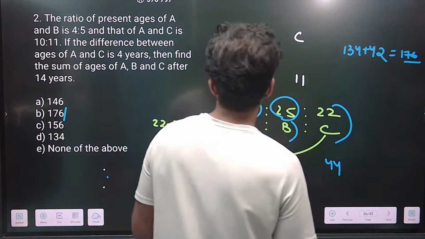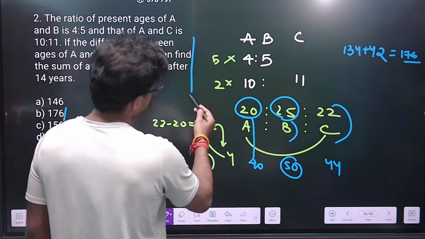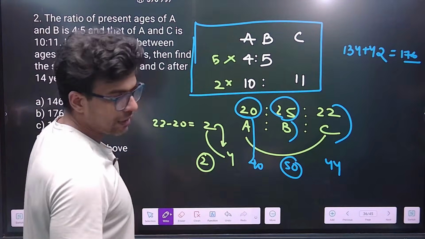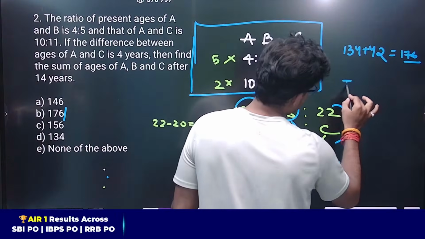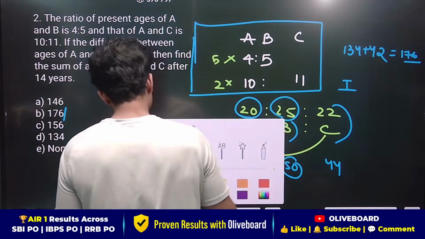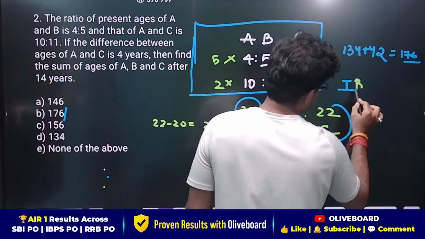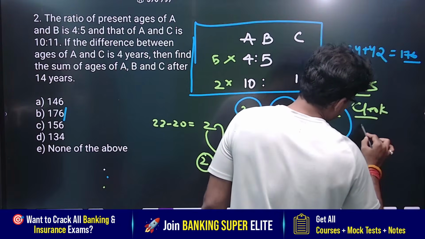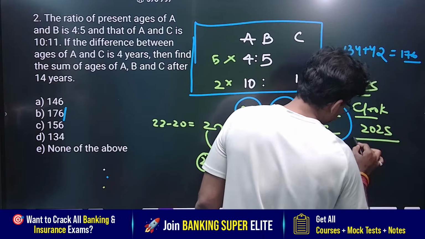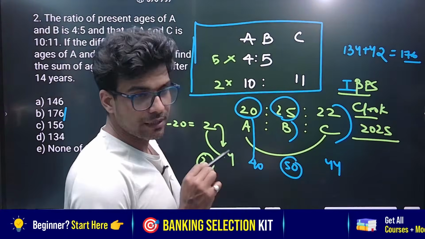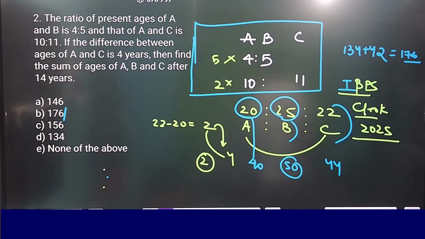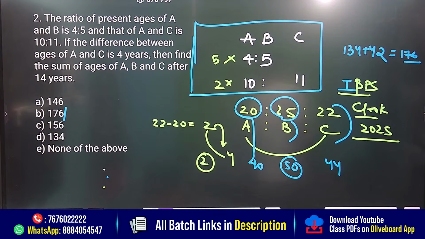Guys, this was the logic here, and you can see this is the kind of question asked in IBPS clerk. So let me write down the same question: IBPS clerk 2025. Very recent question. So please note down, this kind of question only will be there in the exam. That's my guarantee.